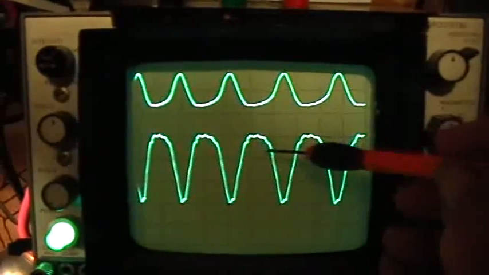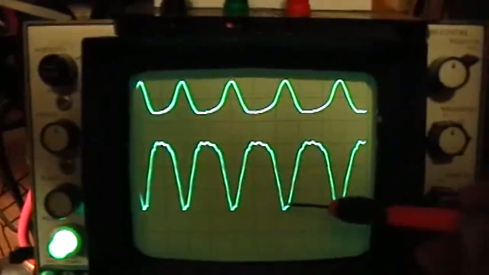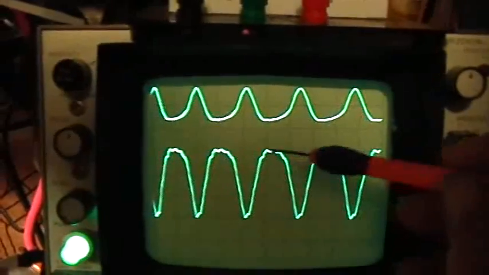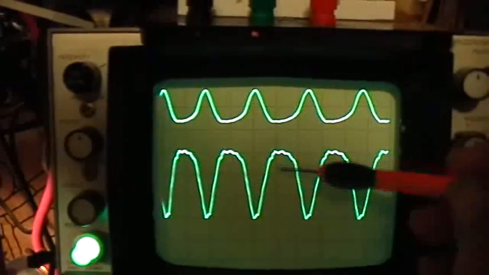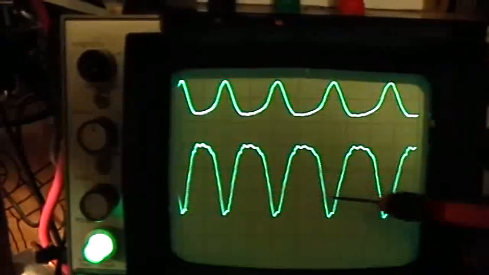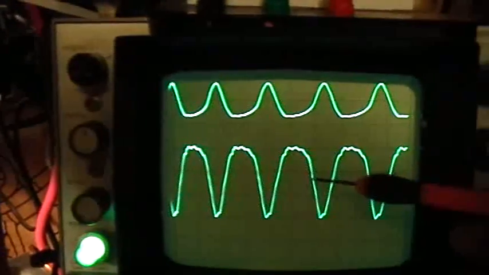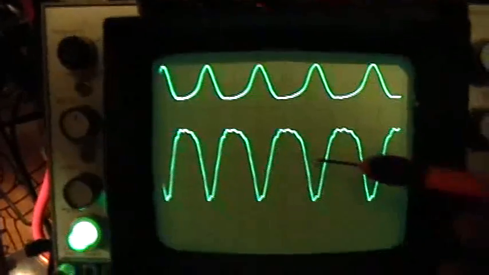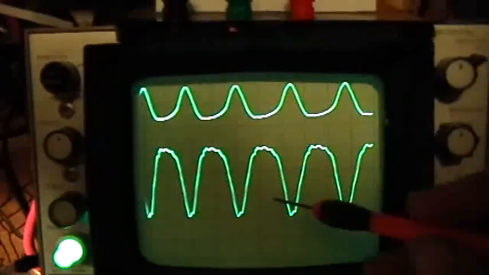But look at the areas here. So compare this area right here with this area right here, and they're actually just about equal. This area right here is almost exactly 1 square division, and then so is this. If you shaved off that and stuffed it in the sides, you would have just about 1 square division for both of these areas, positive and negative going current flow.